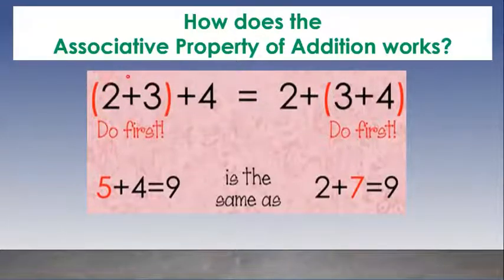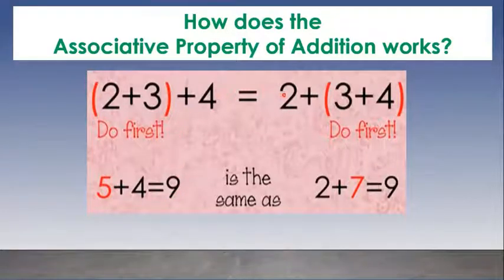So over here, we have 2 plus 3 inside the parentheses, so we solve that first. 2 plus 3 equals 5. And then we bring down the plus 4. And so we say 5 plus 4 equals 9.